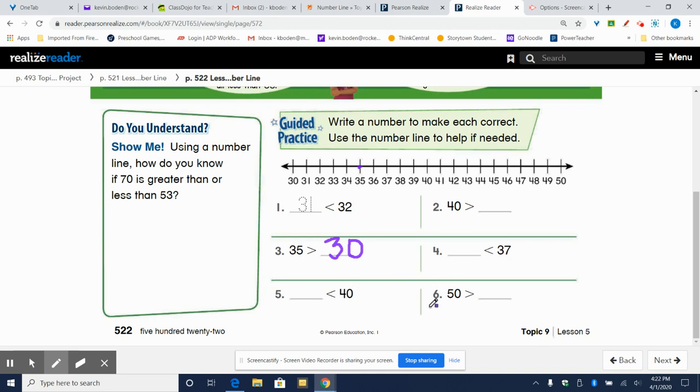Let's see, let's do number 6 as well. This one says, actually, let's do number 5. I'm sorry to try tricking you. Number 5, it says blank is less than 40. So you can see the arrow is going to point at the less than number, the smaller number. So blank is less than 40. So here goes the number 40. We have to think of a number that is less than 40. What number is less than 40?